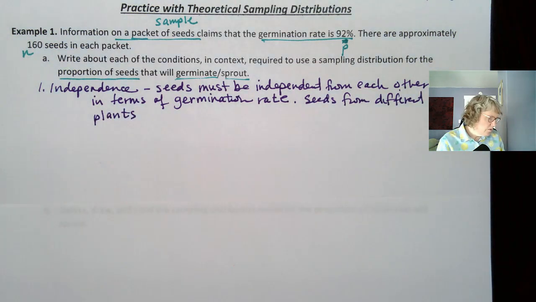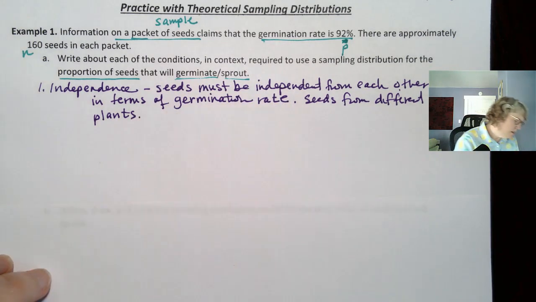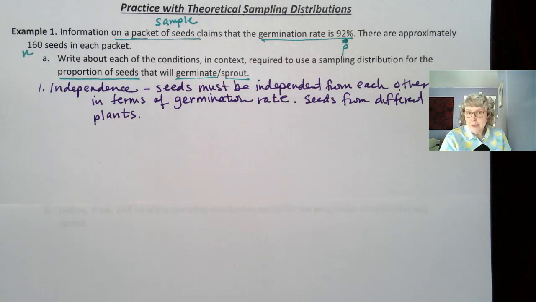Now, we don't know if this is all tomato seeds or mixed flowers. Of course, if they were different types of plants, that would probably help as well. I'm just going to say the seeds should be from different plants to be independent, but that may or may not be happening. Ideally, I'm going to list out what our ideal conditions are.